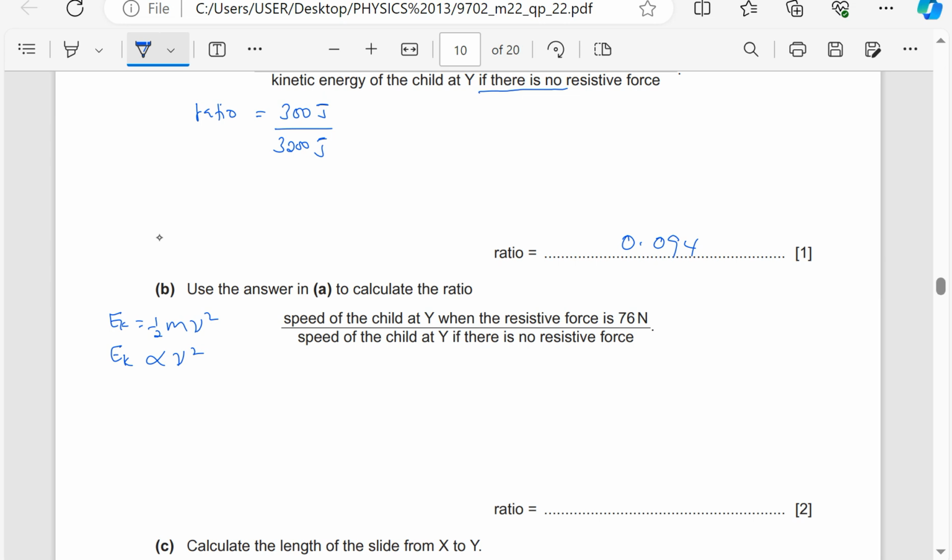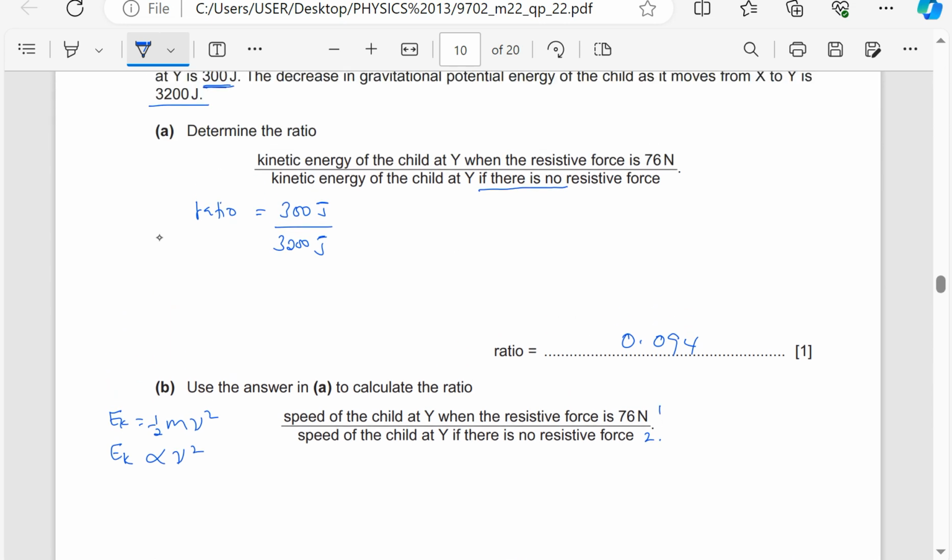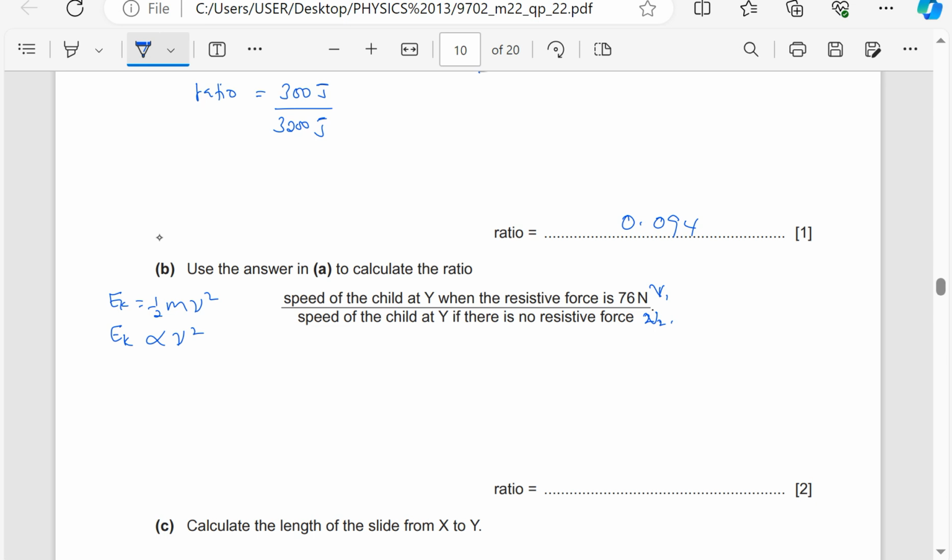So I will call this one E1 and this is E2, and the speeds V1 and V2. So the ratio V1 over V2.